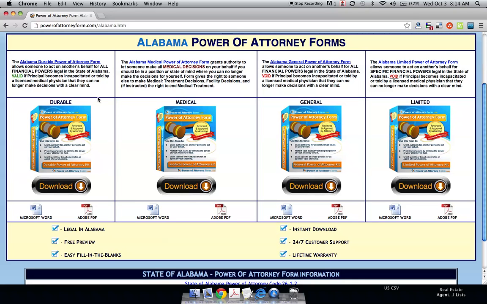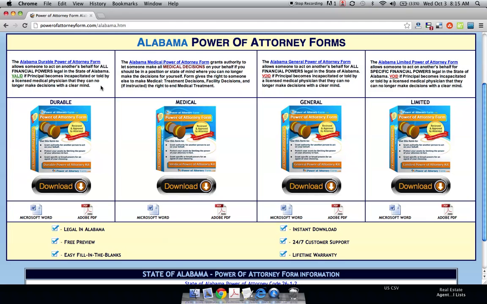The first one, and the most popular, is the durable power of attorney form in Alabama. What this does is allow you to choose somebody else to handle all your financial powers legally in the state of Alabama. That means you allow someone to handle anything from as small as picking up your mail to handling your real estate.